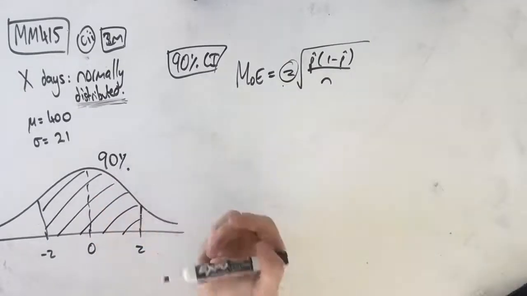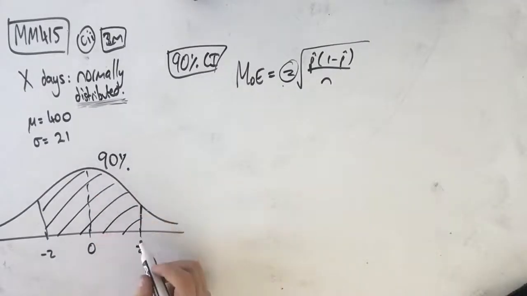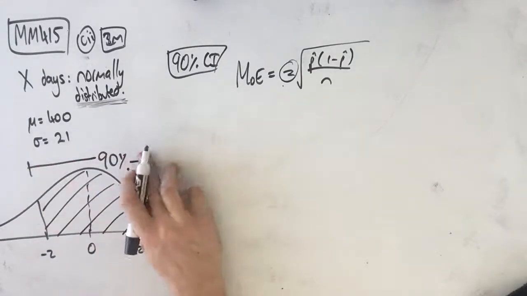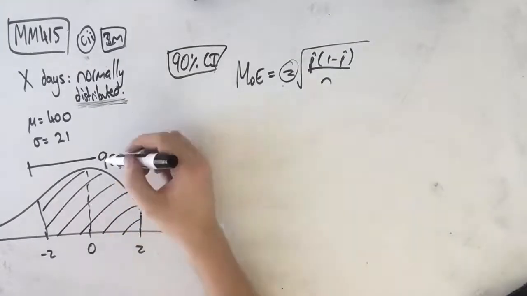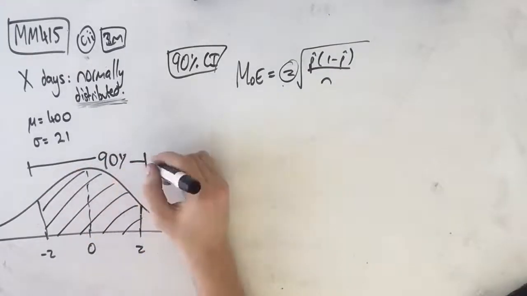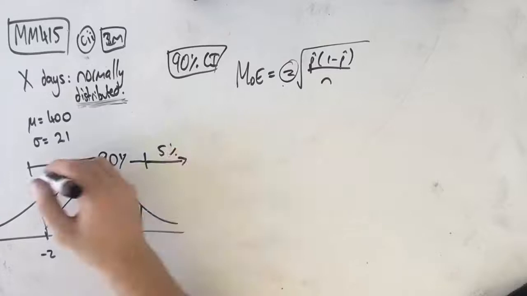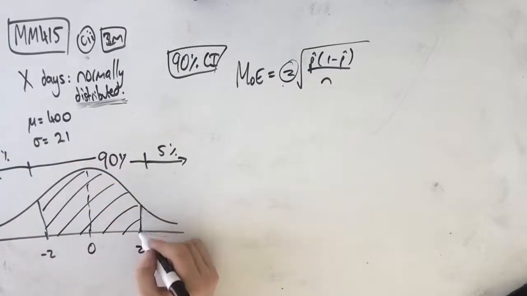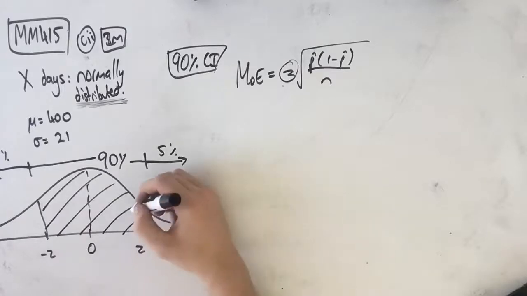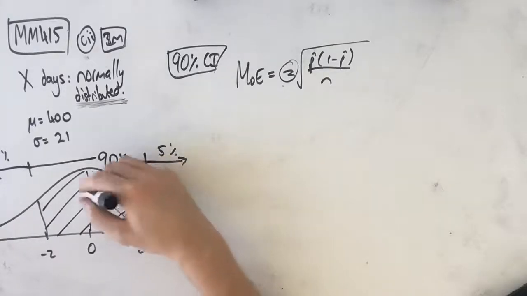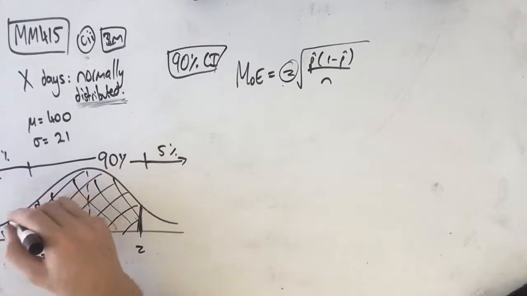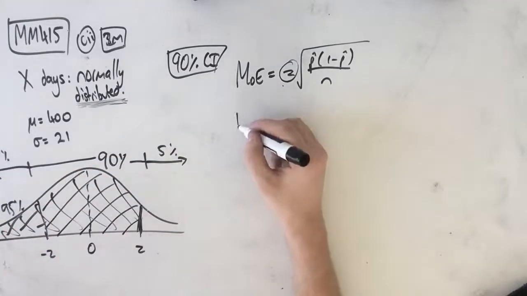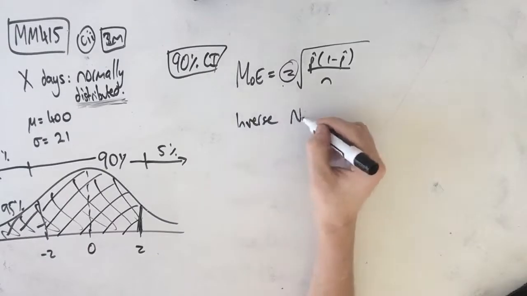So we need to use this in order to find our z value. 90% lies between here, and because this is symmetrical, 5% lies above and 5% lies below, which means in order to find this z value, we can use the area to the left, which is 95%, because it's 90 plus 5, in our inverse normal calculator, and it'll give us our z value.